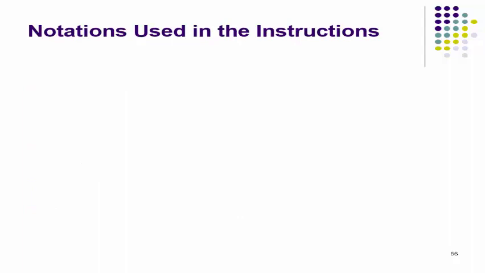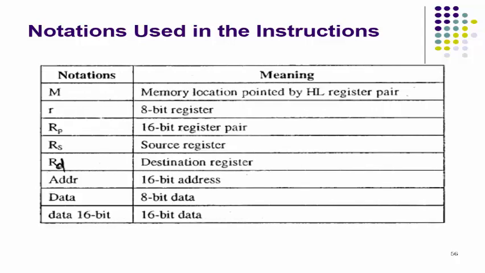Before we see the various instructions under this classification, we will see the notations used in these instructions. In this table we can see two columns, notation and meaning. The first one is capital M, which is the memory location pointed to by the H and L register pair.